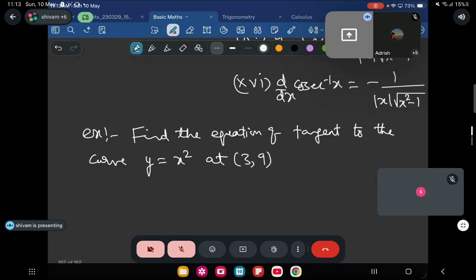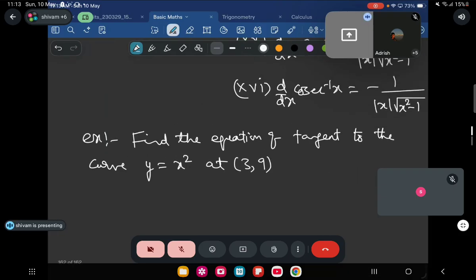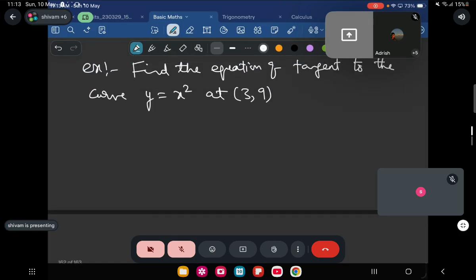So see, you have got the point. In order to write down the equation of a straight line, what else do you need? Slope, right. The point is known. If you find the slope at (3, 9), your problem is done. So how will you do it?